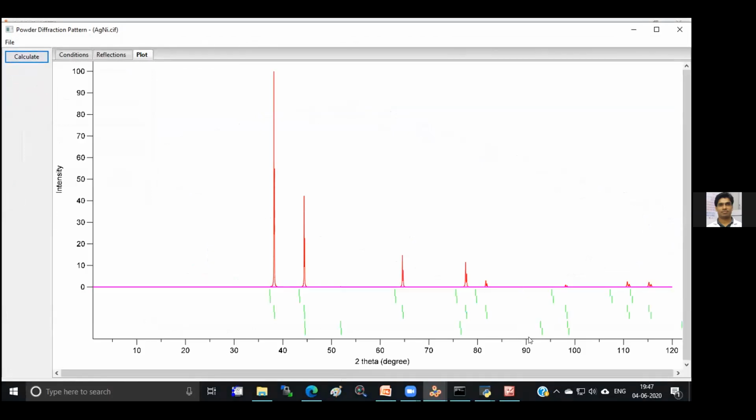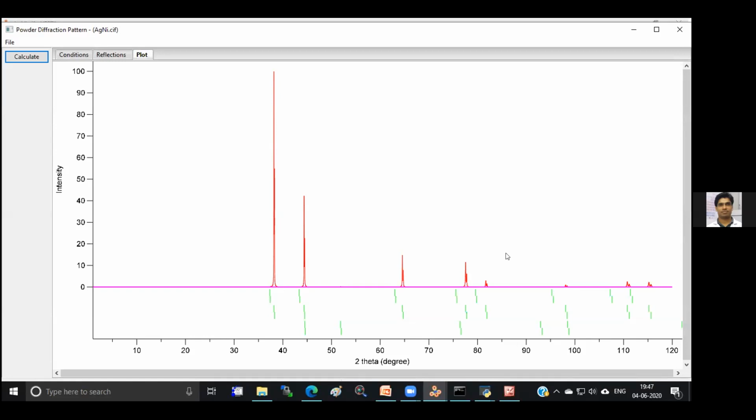We have taken 10 to 90, but see, it is showing the entire range according to the symmetries and other things. Though you have taken a certain range, during refinement it is refining for the whole crystal structure, so according to that the XRD will be generated. So this is the powder XRD pattern according to your CIF file.